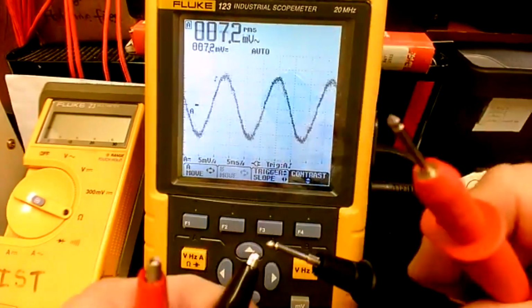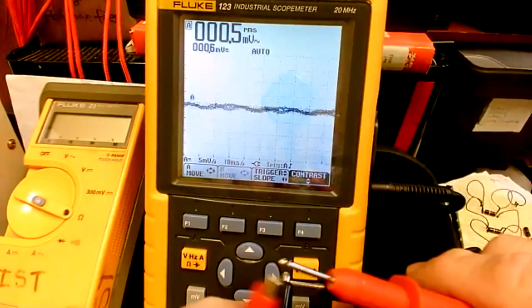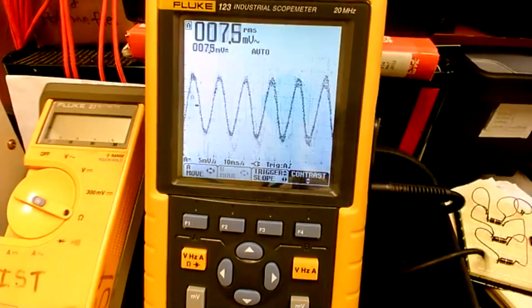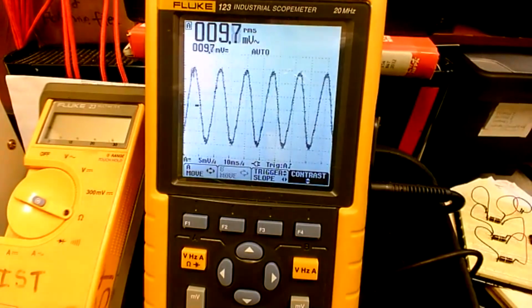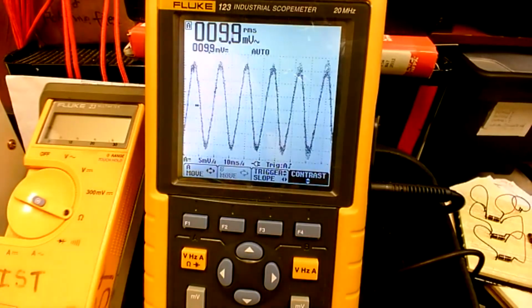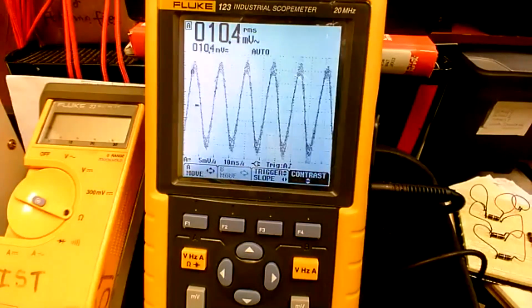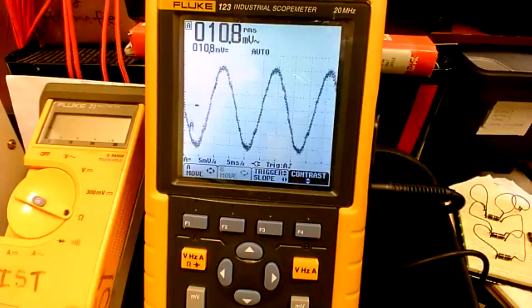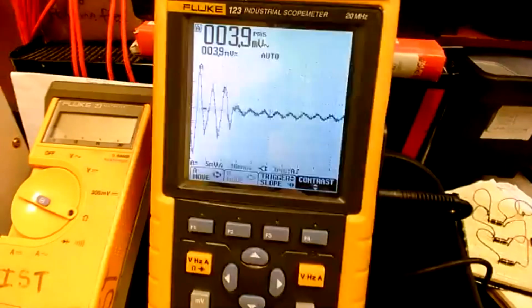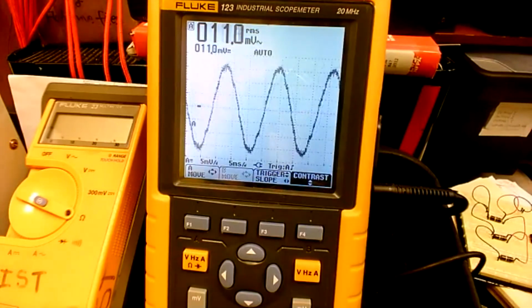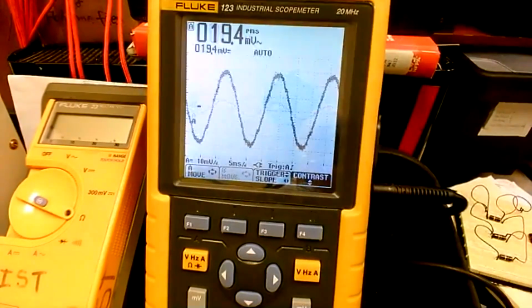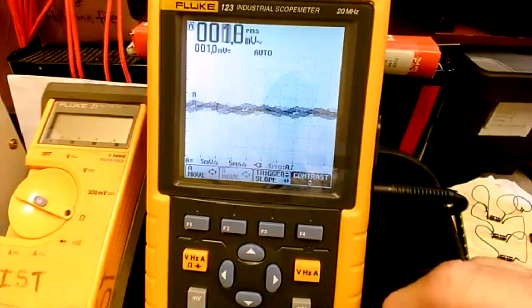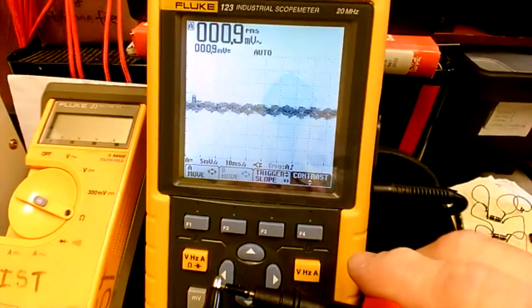I'm going to probe the output of that frequency generator.